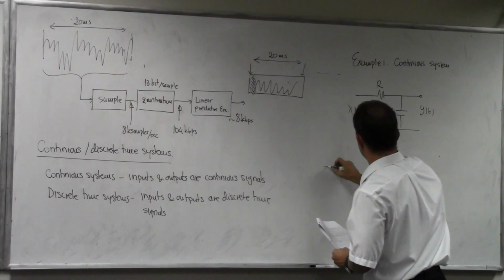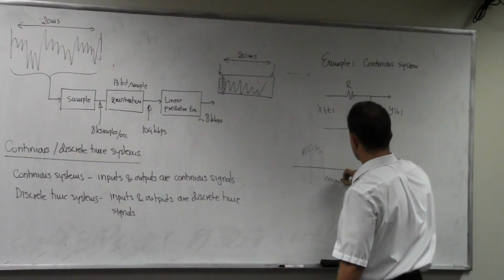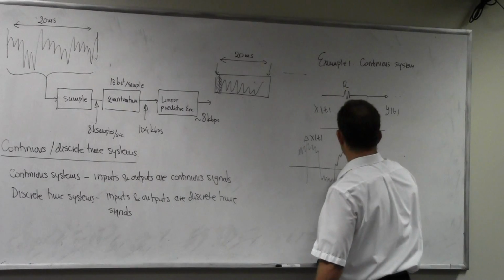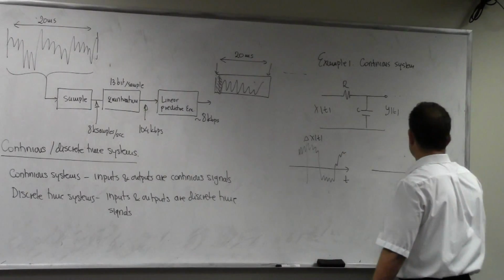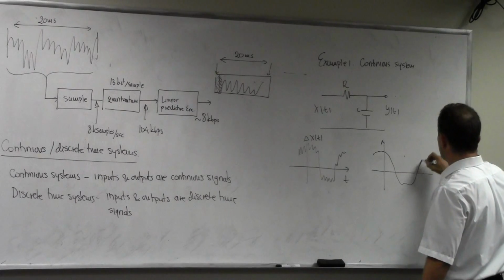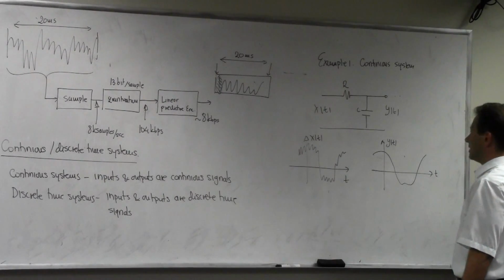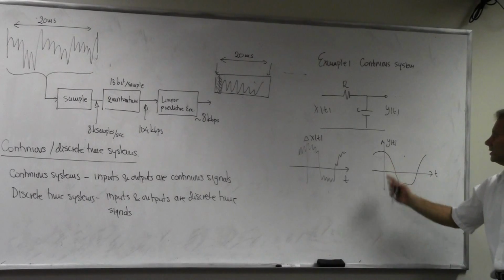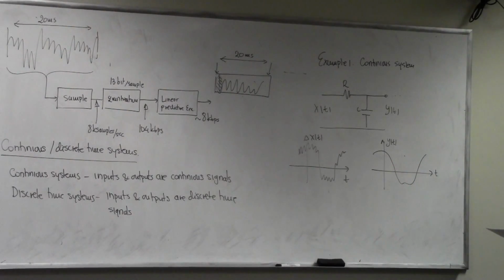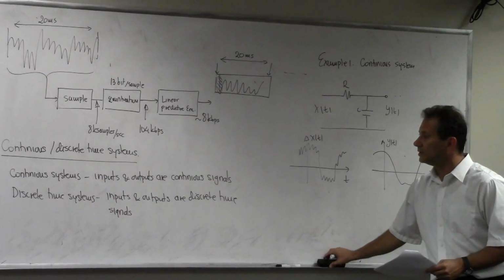If x of t looks somewhat like a sinusoid with a lot of noise, then your y of t will get rid of some of that noise. So this may be y of t, because for the low pass filter, the noise is high frequency and it will get rid of it. So this is an example of a continuous system, and we've been dealing with these kinds of systems all the time.